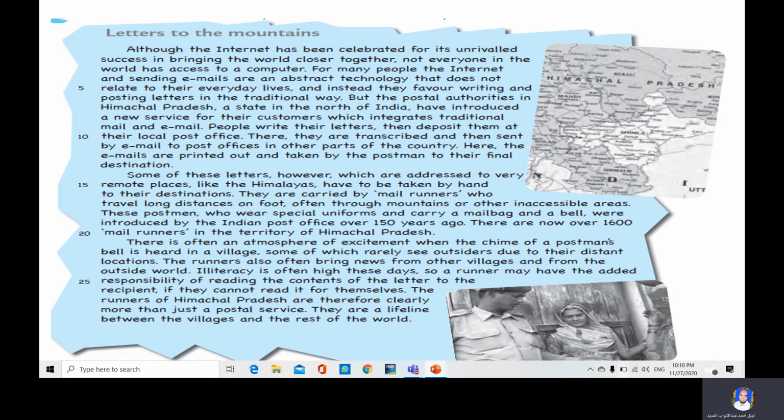You can pause the video so that you can have enough time to read, then answer the questions. You can read the article many times so that you can answer the questions correctly.